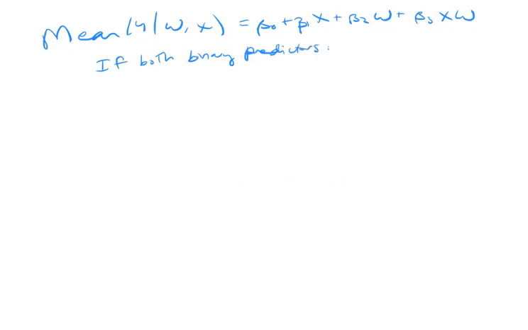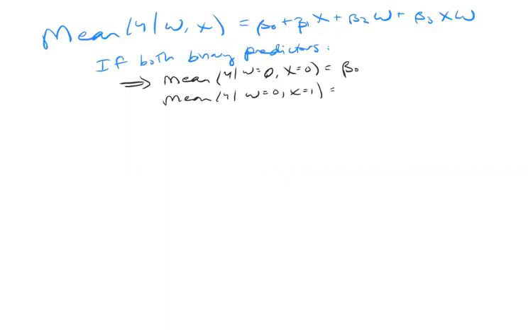what that means is this equation now implies a mean of y for each different combination. It implies that the mean of y when w is equal to 0 and x is equal to 0 is, well, if I plug in zeros for all the x's and w's, beta naught. It also implies that the mean of y when w is equal to 0 and x is equal to 1 is, well, let's plug it in, beta 0 plus, well, we do have the beta 1, but we don't have the beta 2 or beta 3.